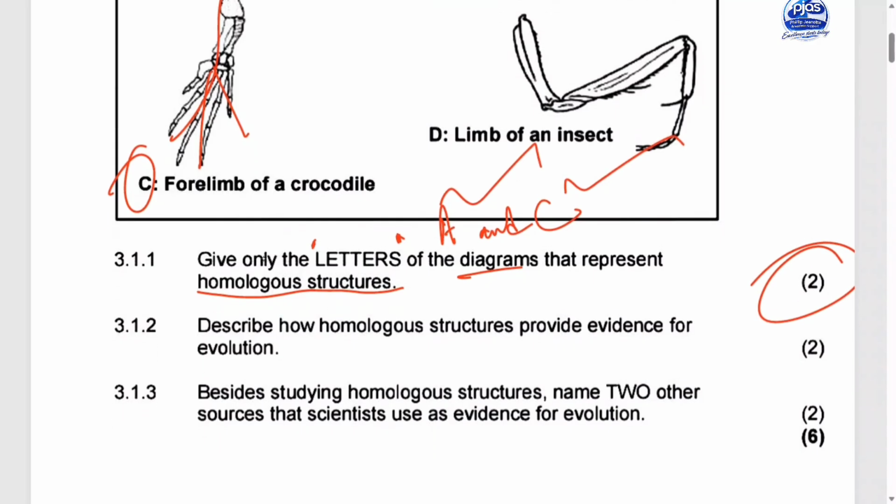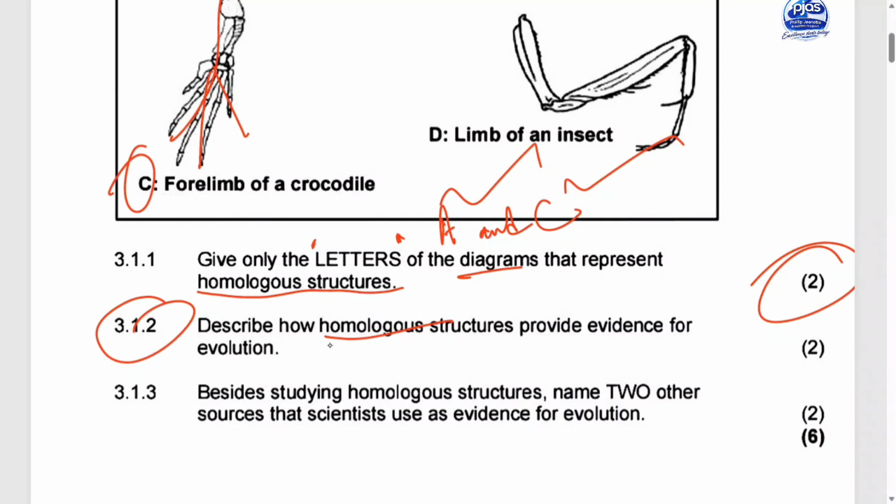The next question says to describe how homologous structures provide evidence for evolution. You need to tell them that the more similarities these structures have, the more they indicate that they arose from a common ancestor, meaning they share a common ancestor.